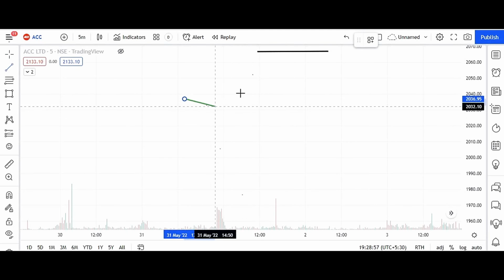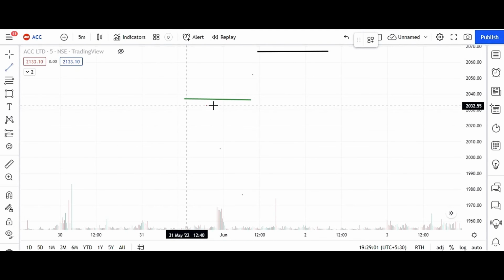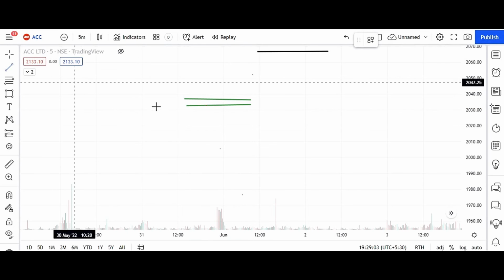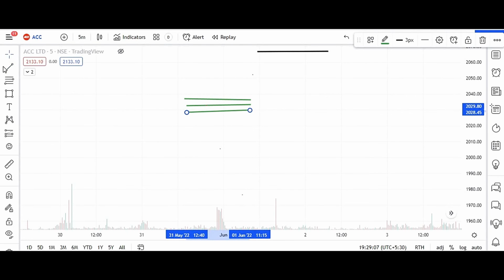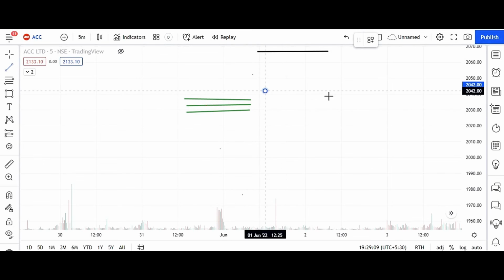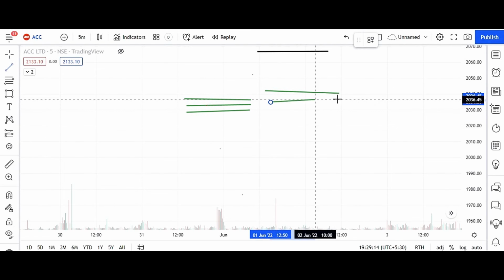Okay, this is yesterday's CPR. This is the bottom central pivot, and yesterday's CPR would be confined inside today's CPR.